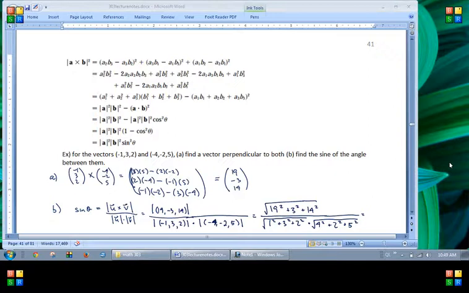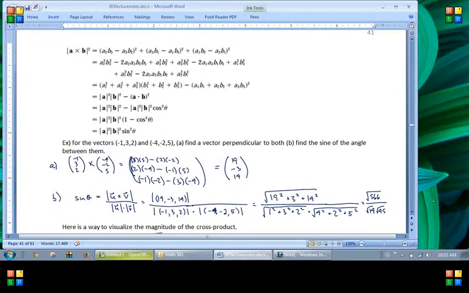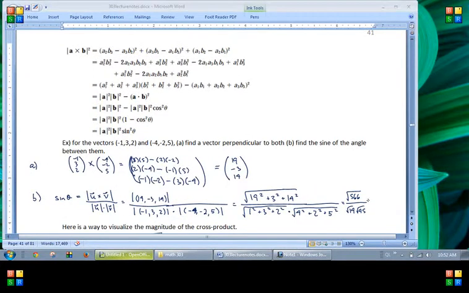And that gives, whip out the calculator, the square root of 566 over the square root of 14 times the square root of 45. So that gives the square root of 566 over the square root of 630, which is approximately 0.948.